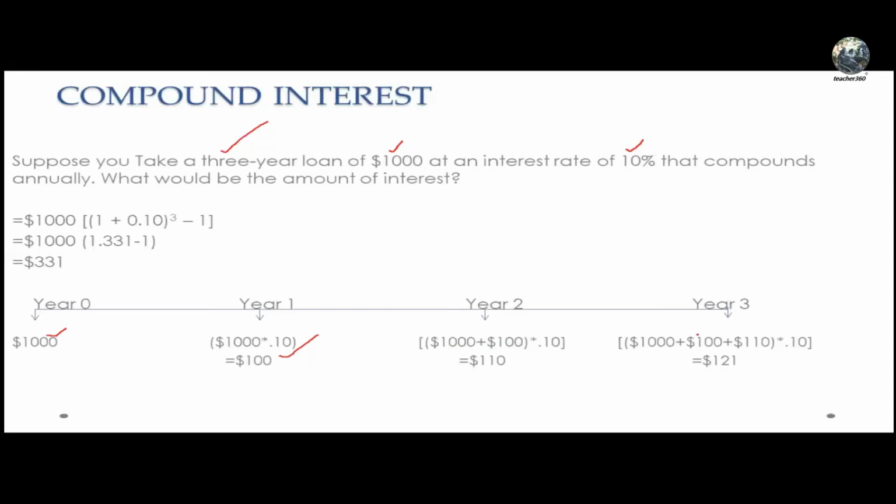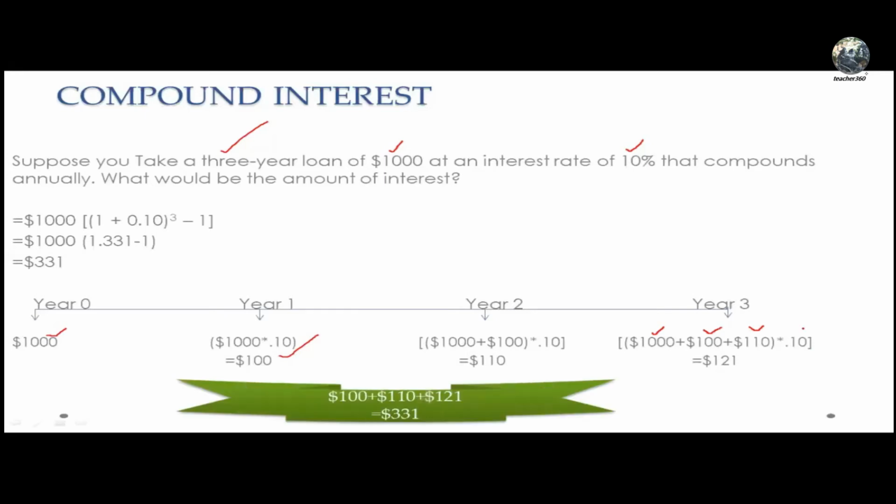Similarly, in year 3, you consider your principal, your first year interest, and your second year interest. So the total is $1,210 times interest rate 10%. So your compound interest in year 3 is $121.